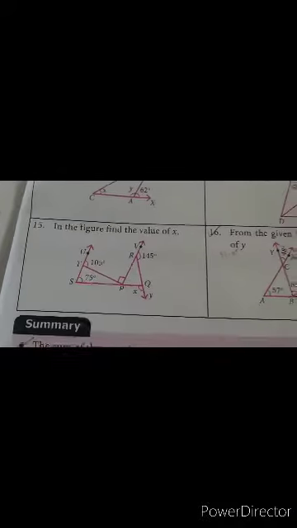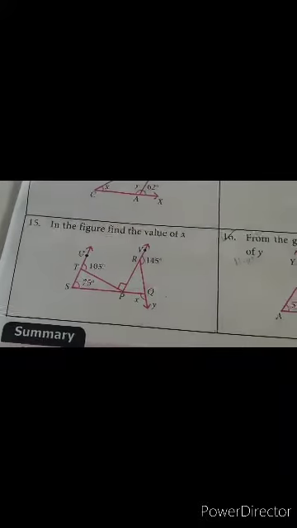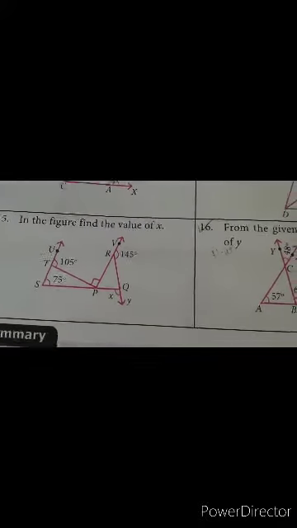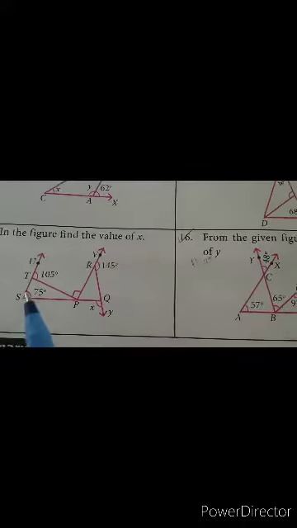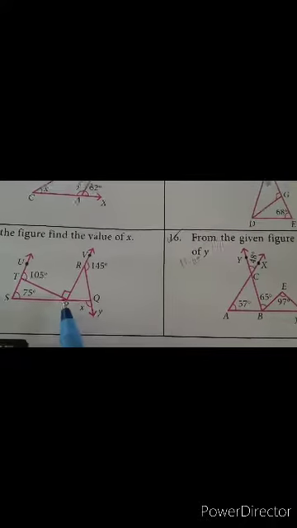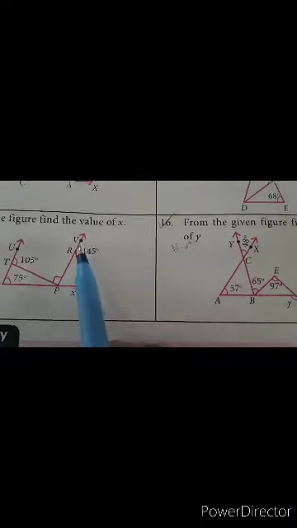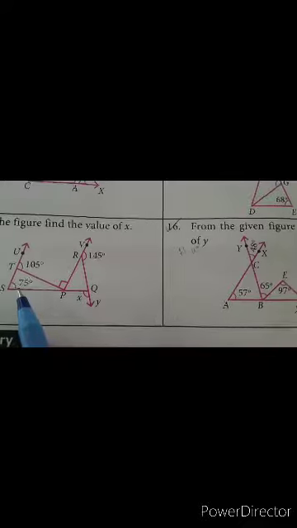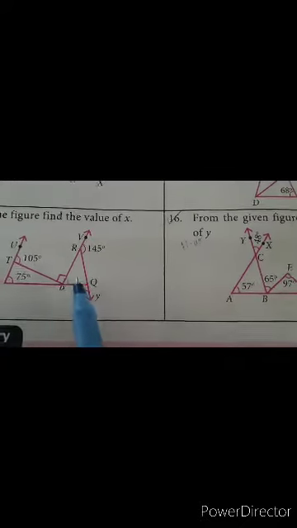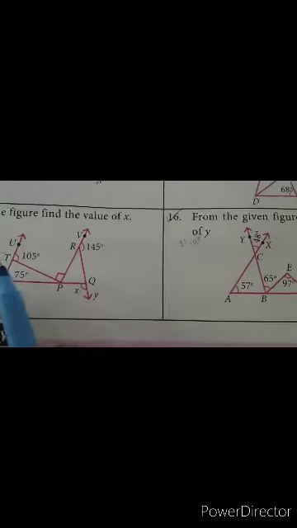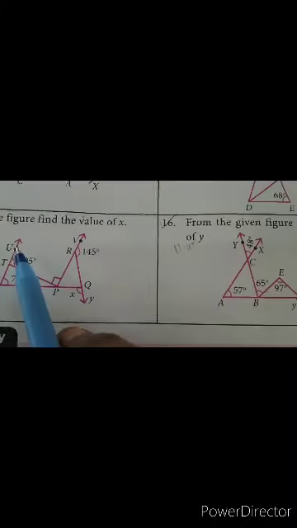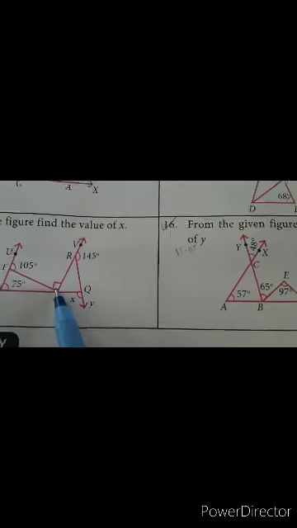So let's try question number 15 in the classwork notes. First observe the figure and try to write the given. Here in the figure, angle TSP is an exterior angle of this triangle. So now, what is given? Angle TSP plus angle SPT should be equal to angle UTP.